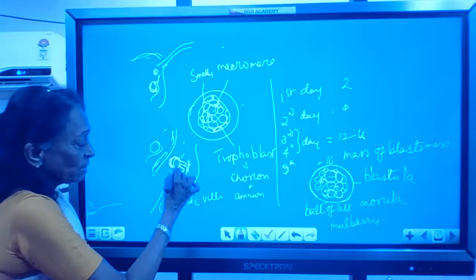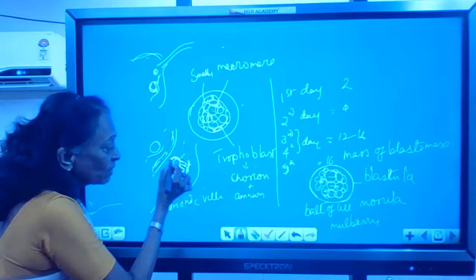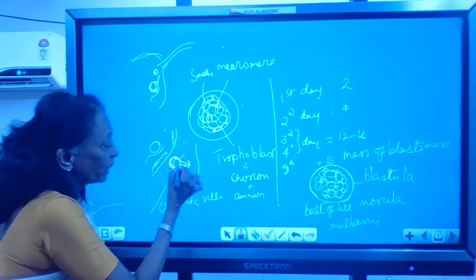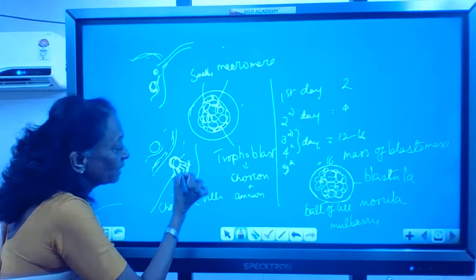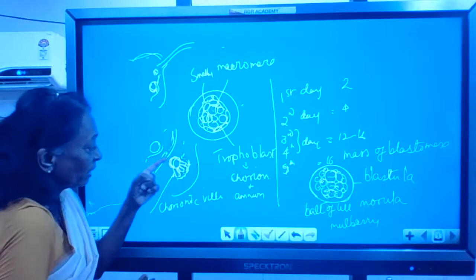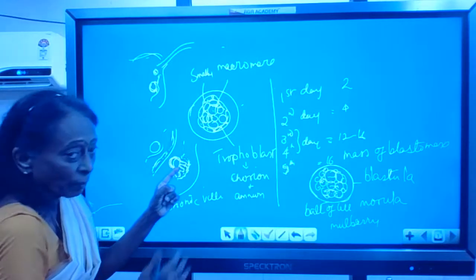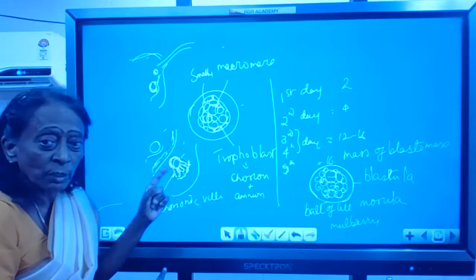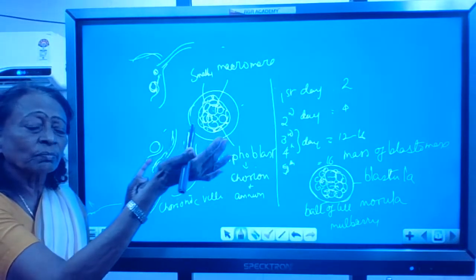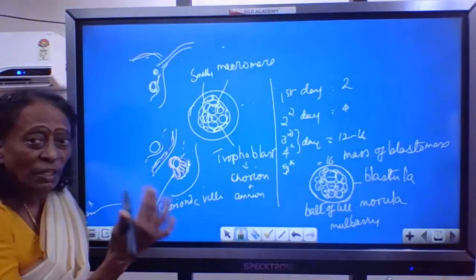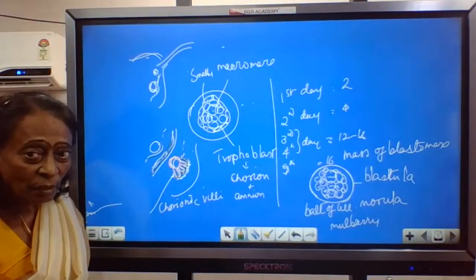So in the chorionic villi are the blood vessels of the embryo, the developing embryo. Then the chorionic membrane, then the maternal blood vessels of the uterine part. So this whole area, where the embryonic membrane is a barrier, is like the diffusion membrane in the alveoli and the filtration membrane in the nephron. Similarly, this barrier is called the placental barrier. What is the placental barrier actually?